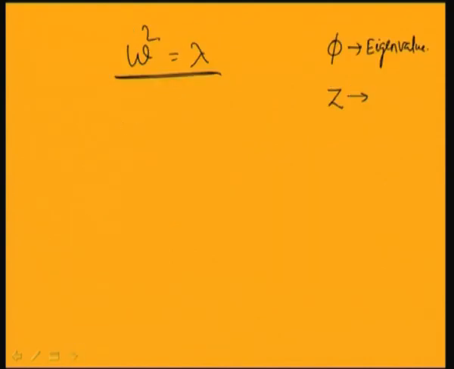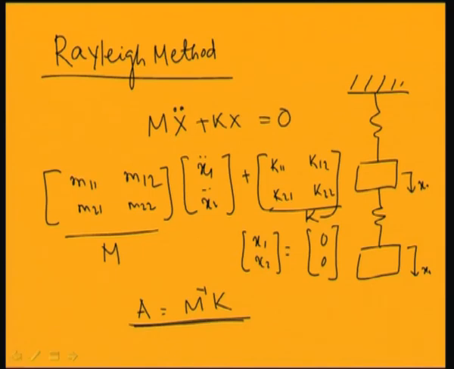For the ith mode, k phi I equals omega I square m phi I. This equation will satisfy m x double dot plus k x equal to 0, because I am assuming x to be harmonic.